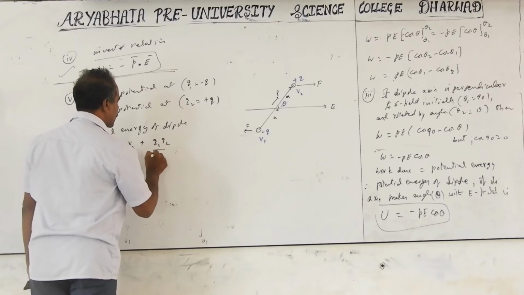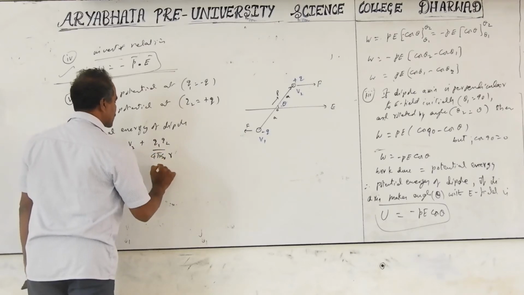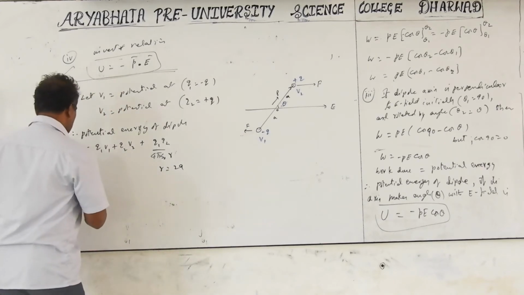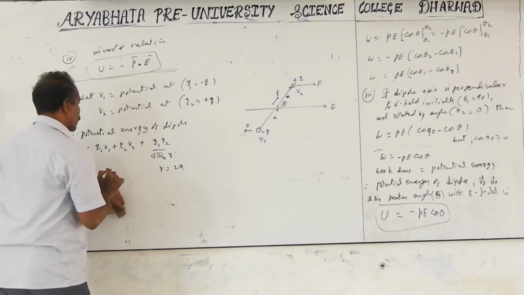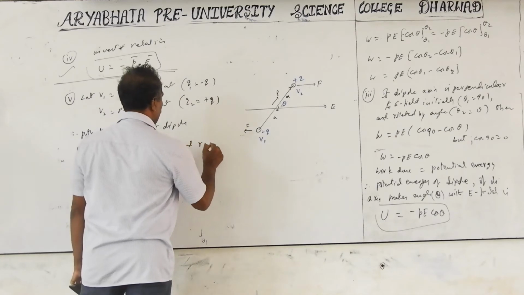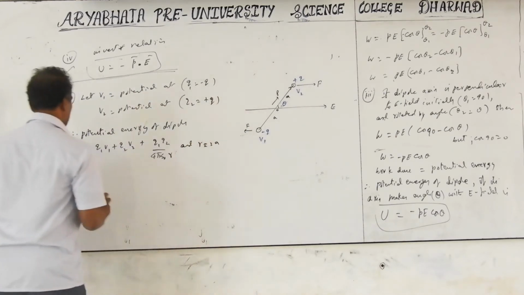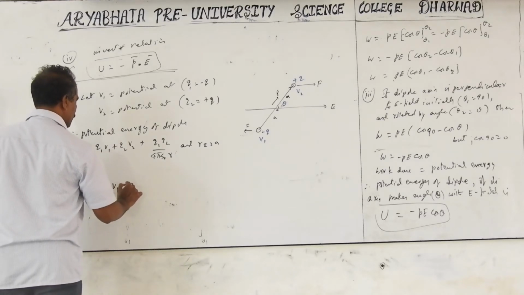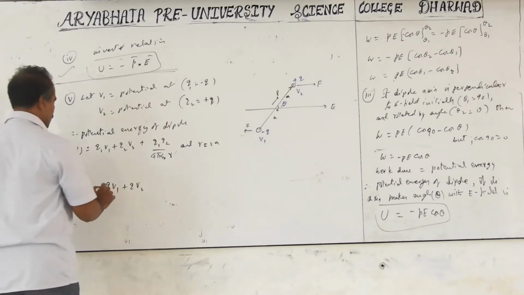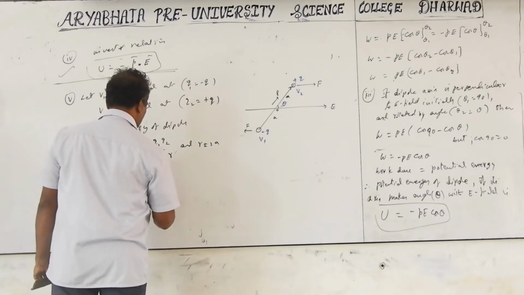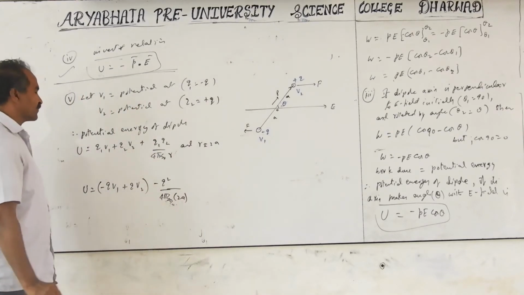It is Q1 Q2 by 4 pi epsilon naught R, where the distance R is equal to 2a. Taking the relationship, U equals Q1, which is minus Q, so minus Q into V1 plus Q into V2, and R equal to 2a. So U equals Q (V2 minus V1) minus Q square by 4 pi epsilon naught into 2a, which is the potential energy.